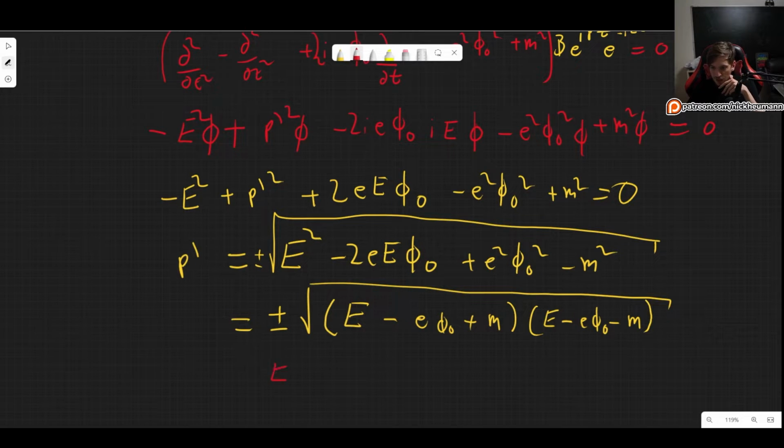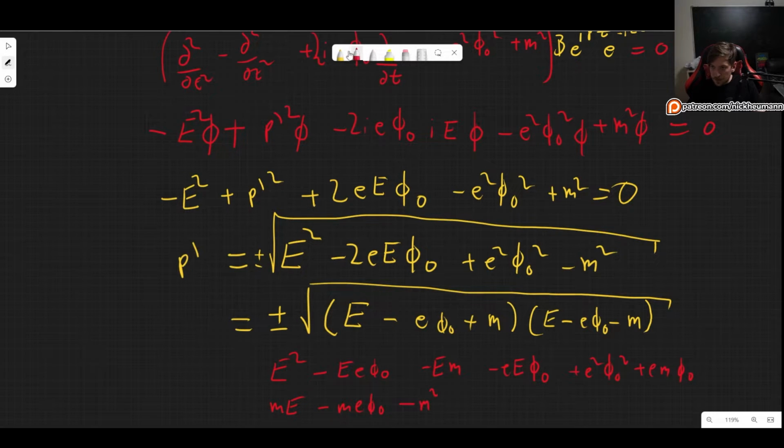So multiplying through, we get e squared minus e phi 0 minus em. Then we have minus e phi 0 plus e squared phi 0 squared plus em phi 0. And then we have me plus, no, sorry, minus me phi 0 minus m squared.